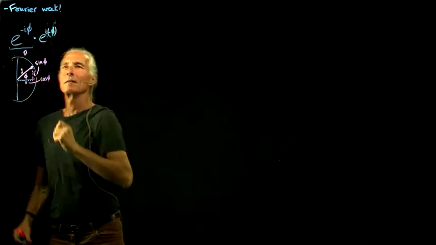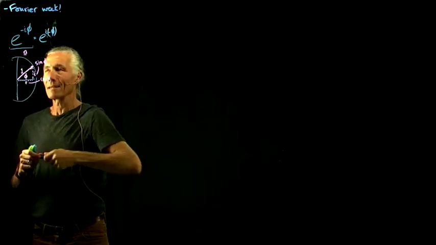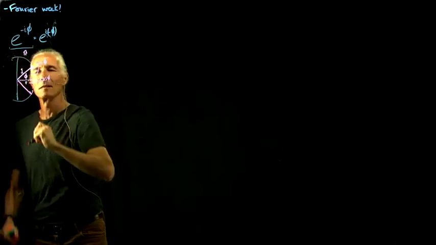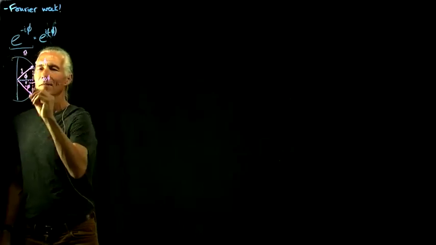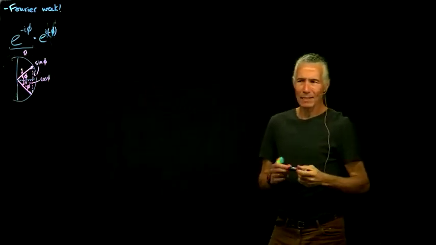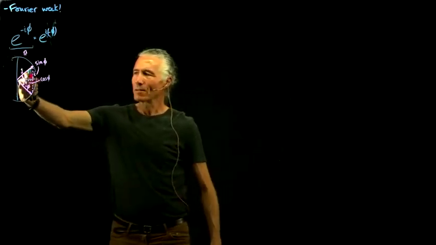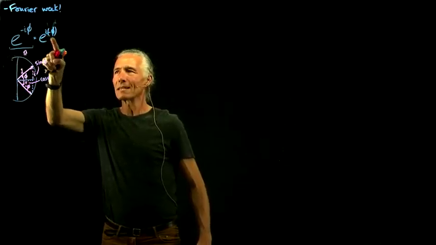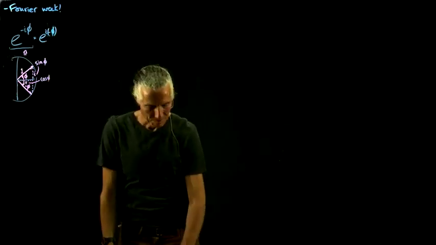That just means that e to the minus i something is just the minus angle: minus phi going that way, plus phi going that way. That's all the minus means. The angle is going in the negative direction instead of the positive direction. We have to understand this down to the fine details because that's the thing actually in the Fourier transform.